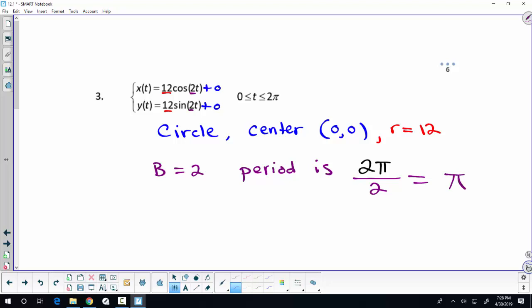So one full circle is generated every pi. So the period is pi, which means we get a complete circle every pi revolutions.